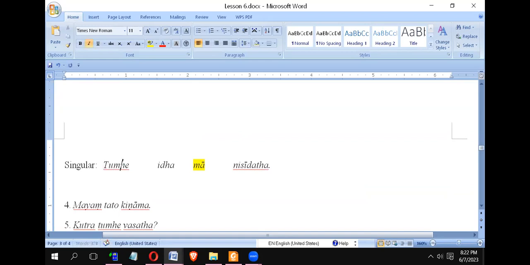So it will be "tuvam idha ma nisida hi", not the plural imperative ending. "Nisida hi", or another one, "nisida". Okay, thanks.